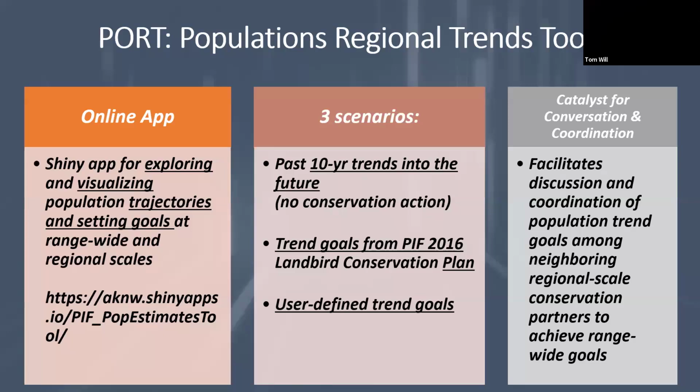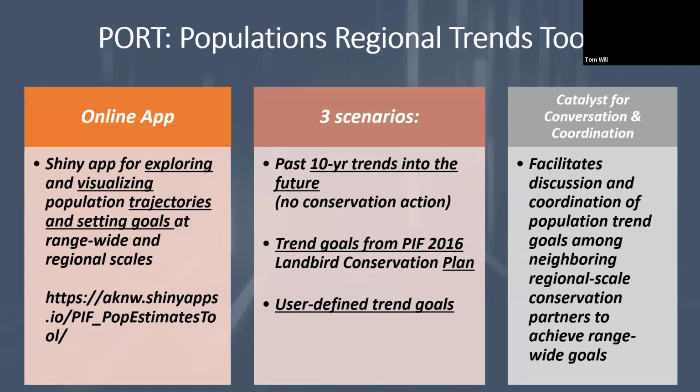So what is this population regional tool? I can't even say it now. You can read it. But what it is, it's a Shiny app for exploring and visualizing population trajectories and setting goals at both range-wide and regional scales. And I have to acknowledge that this really took off when Jim Herkert and Roz Renfrew were working on their Bobolink conservation plan, and they developed the prototype for this tool.